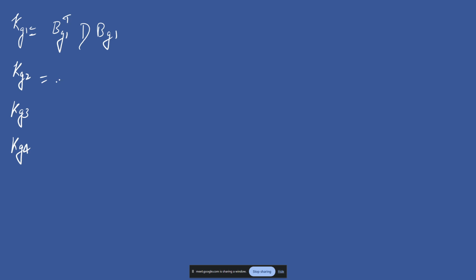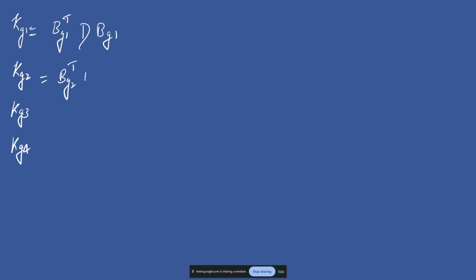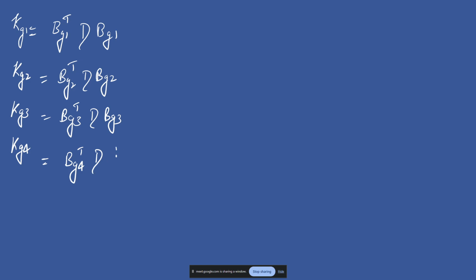Then accordingly you can evaluate Bg2 transpose D Bg2, Bg3 transpose D Bg3, and so on.